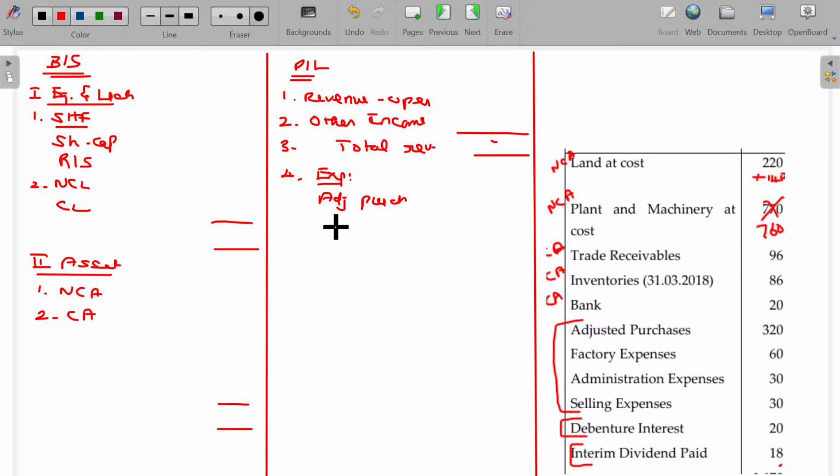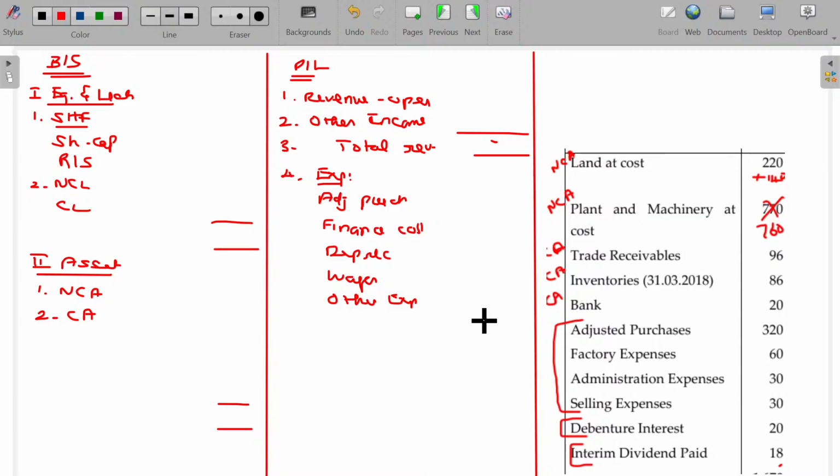And other expenses, okay, finance cost, and depreciation, labor cost. Do you have any labor cost? Wages and other expenses.